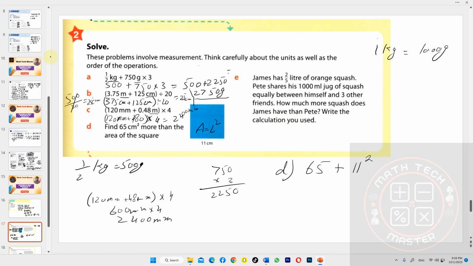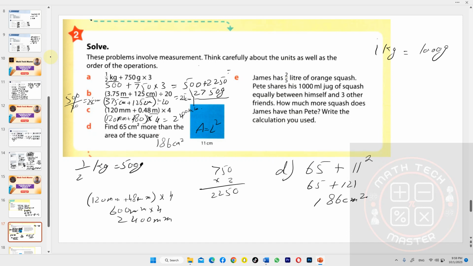So we have to add 65 to that, so it will be 65 plus 121, which will be 186 centimeter square. So D part is 186 centimeter square.